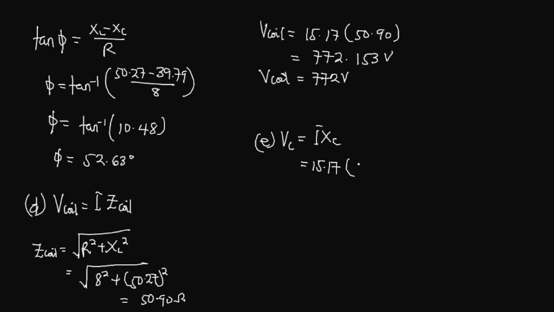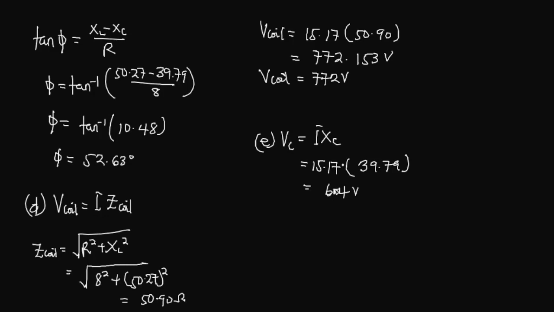So if you multiply everything, we are going to get approximately 604 volts as the voltage across the capacitor.